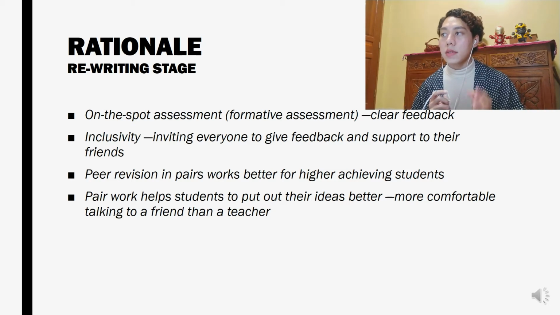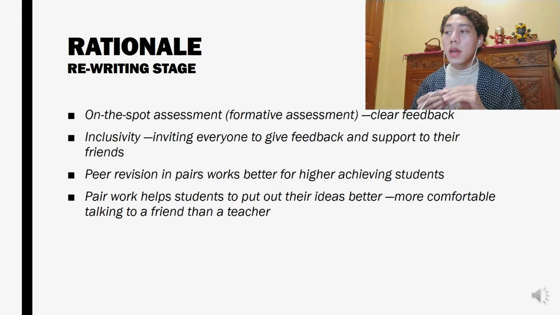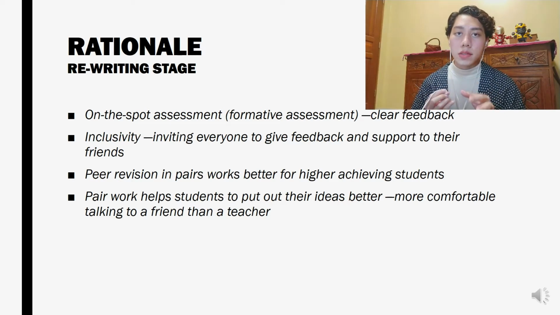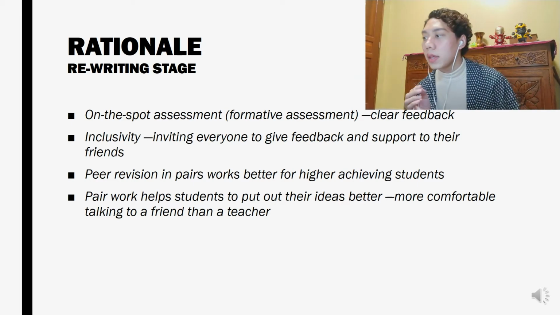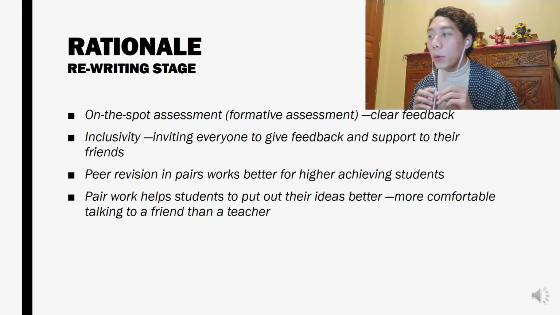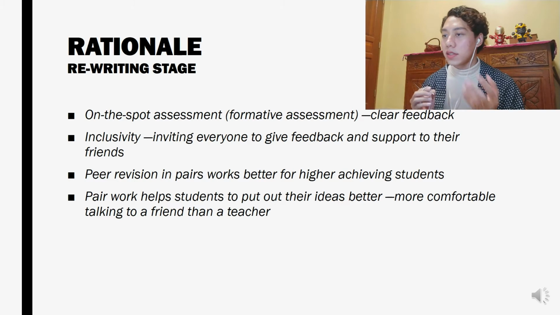Since this lesson is targeted at the upper intermediate level, which can be said to be higher achieving students, they enjoy working individually or in small groups. So I feel like this task is well suited for them. And pair work helps students to put out their ideas better. They are more comfortable talking to a friend than to a teacher. That's just how the students are.